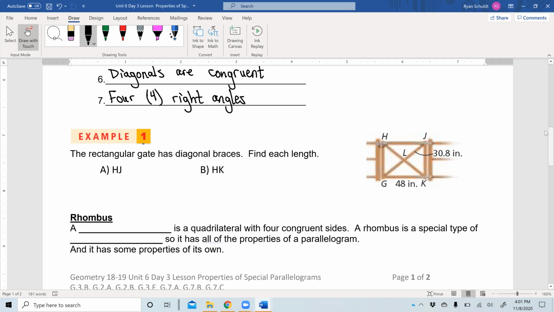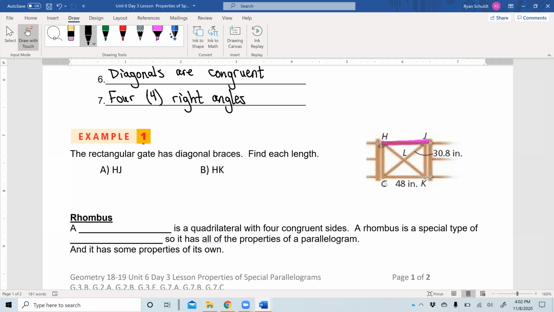Okay, so let's look at this first example. It says a rectangular gate has diagonal braces. Find each length. Okay, well, the first one they ask us to find is HJ. How could I get HJ?